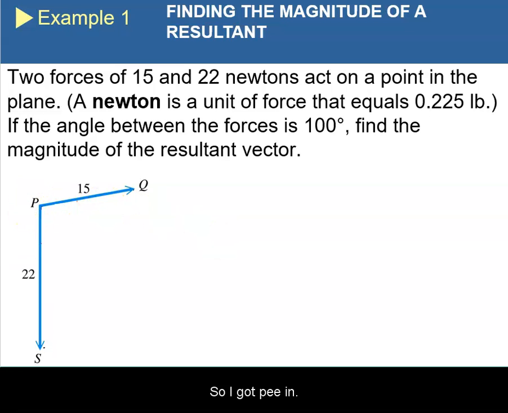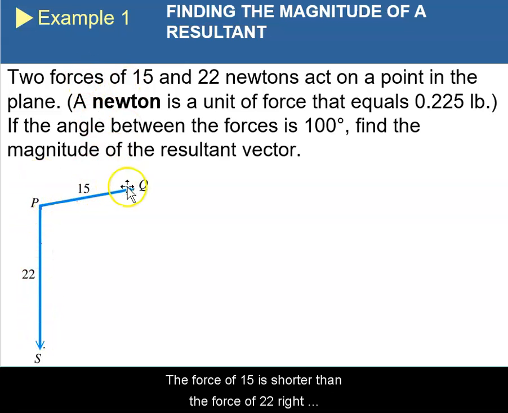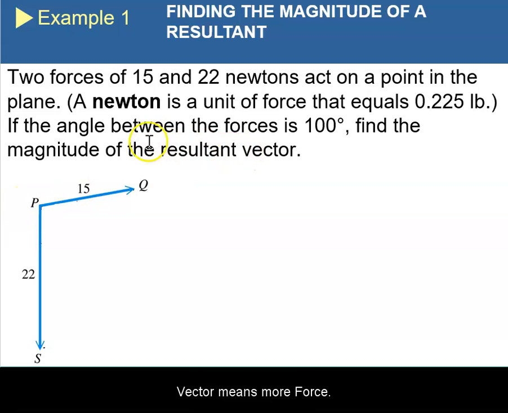I have P and Q and S, an initial and a terminal point for each. The force of 15 is shorter than the force of 22, since it represents the length of the vector. On a force vector, a longer vector means more force. The angle between them is 100 degrees.